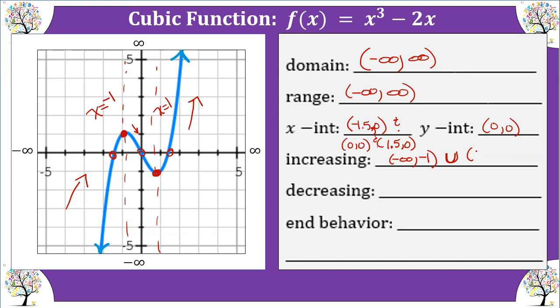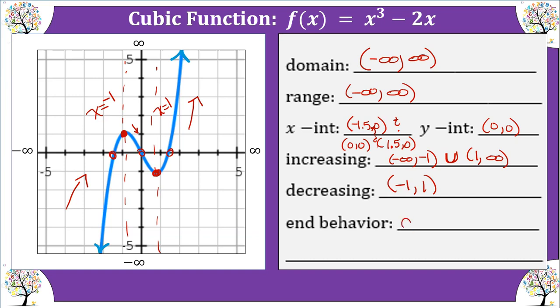So from x equals 1 forever, to positive infinity, it increases. Now the decreasing part is going to be the middle section here. So what x interval is making this graph decrease? We're going to say from -1 to 1. And again, we always read our graph from left to right, putting the smallest number first.